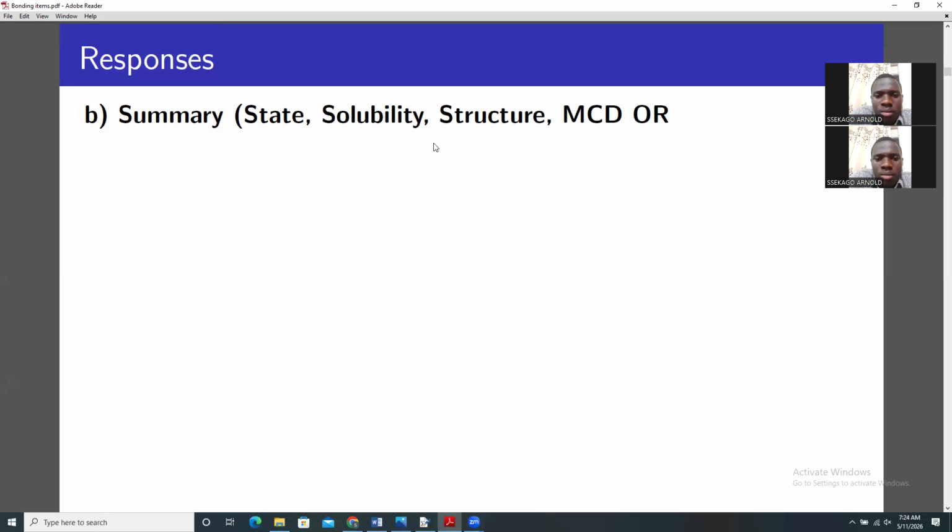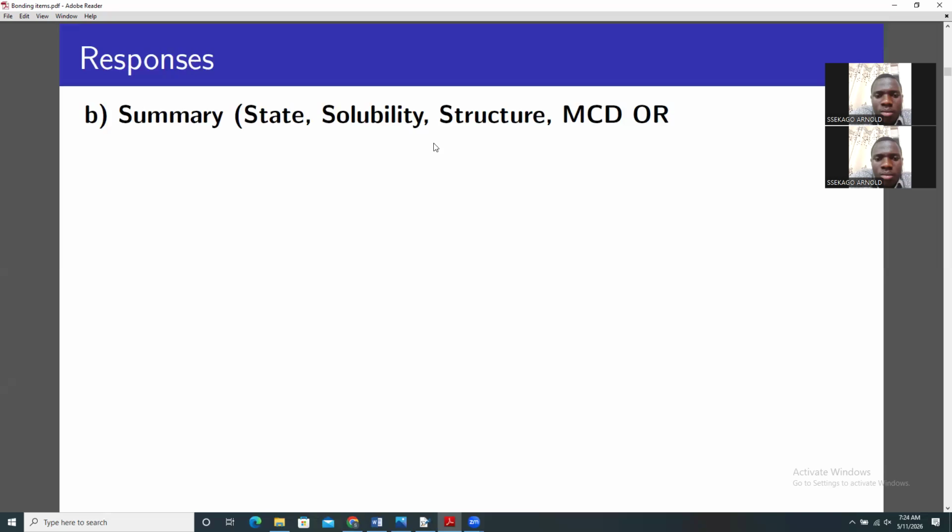Because for bonding, we look at those 3 categories. You look at ionic compounds, covalent compounds, and metals. Or you explore the giant ionic structure, giant covalent structure, simple molecular structure, and the giant metallic structure.